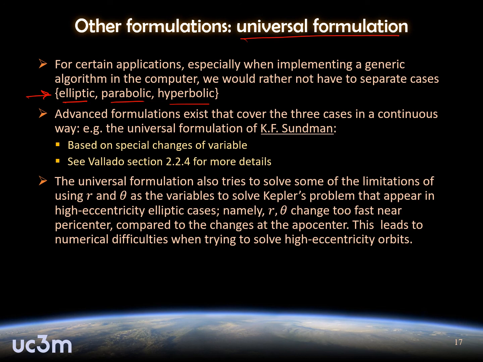You can have a little bit more information about this in the lecture notes, but specifically, if you're interested in this topic, you should go to see the references that I point over here. The universal formulation also has some advantages. For example, dealing with the problem for high eccentricity elliptic orbits, where the variation near the pericenter is faster, and so on. And it's quite convenient for numerical codes.